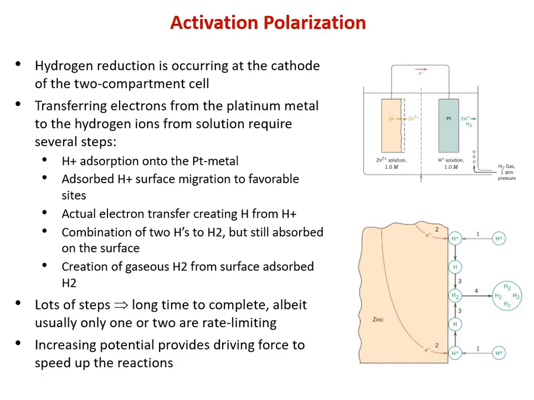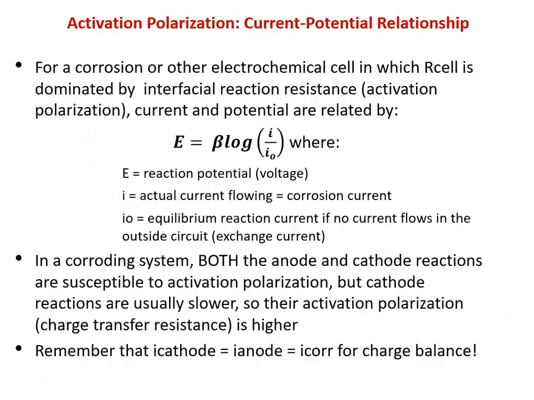That's a lot of steps, and it takes time. This is kinetically inhibited. And so the time and the activation energy that's involved in all of that can be thought of as a little part of the cell resistance and having its own polarization, or its own voltage change, if we demanded that that happen at a certain rate or a certain current.